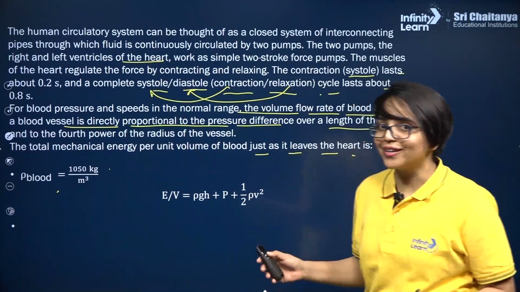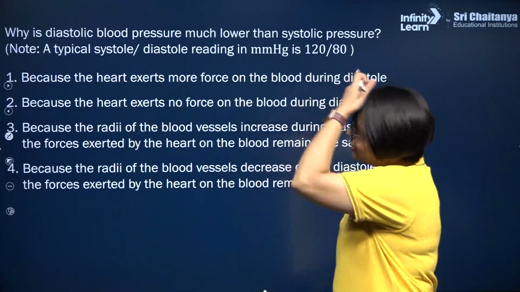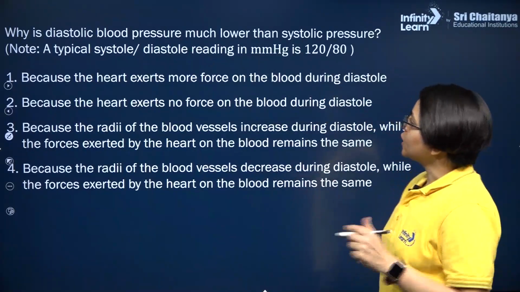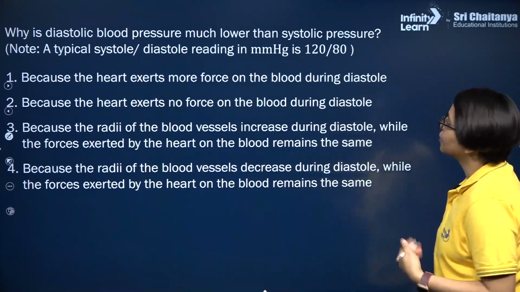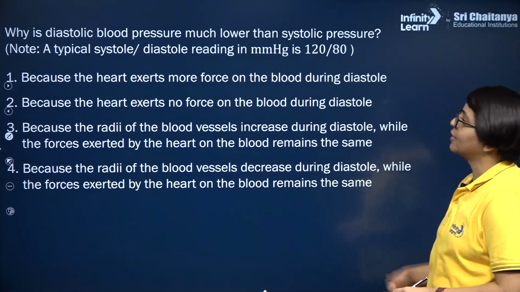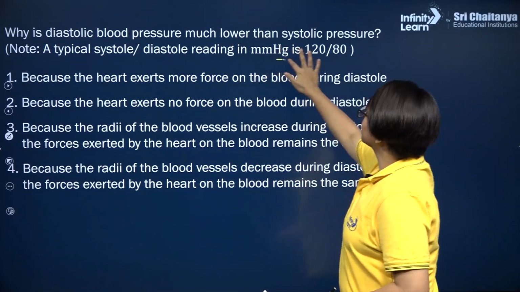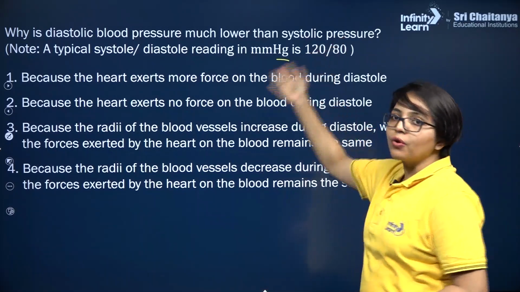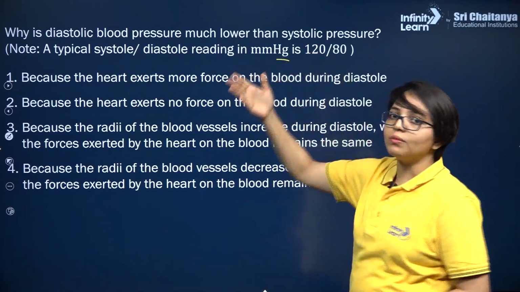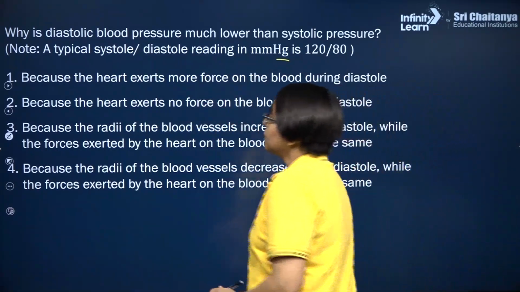Now look at the question. Why is diastolic blood pressure much lower than systolic pressure? Systolic slash diastolic reading in millimeter of Hg is 120 upon 80. This is what we call normal BP, right?